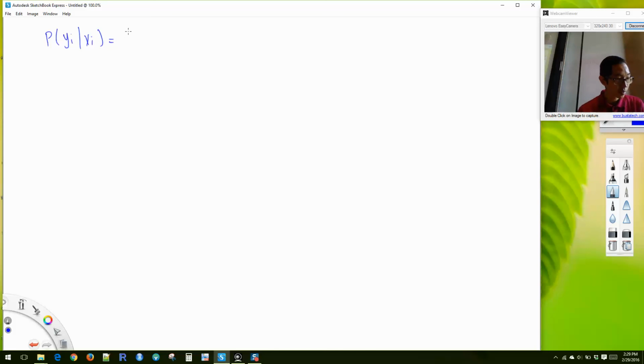Because y sub i is again 0 or 1, this is the probability p of x sub i beta raised to the y sub i, times 1 minus p of x sub i beta raised to the 1 minus y sub i.